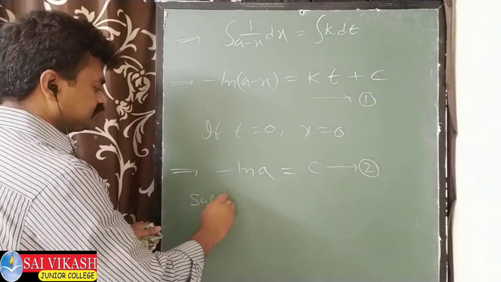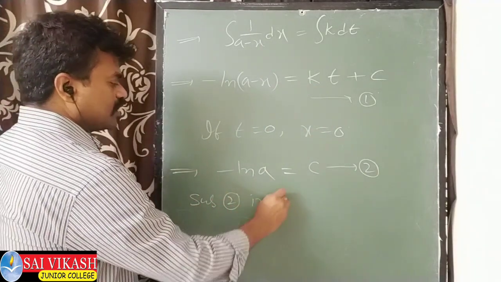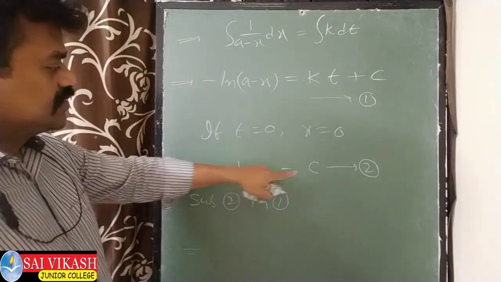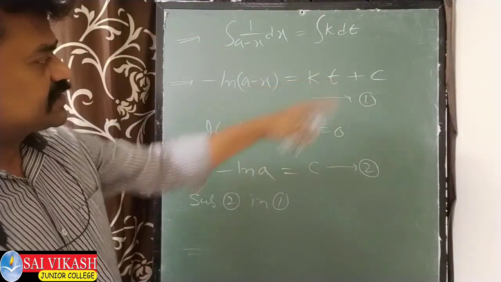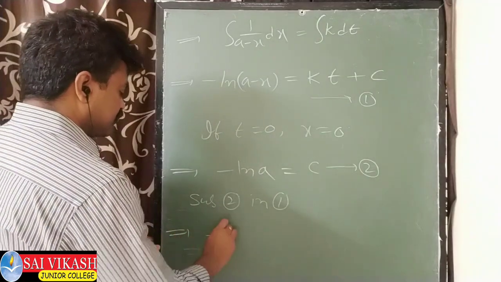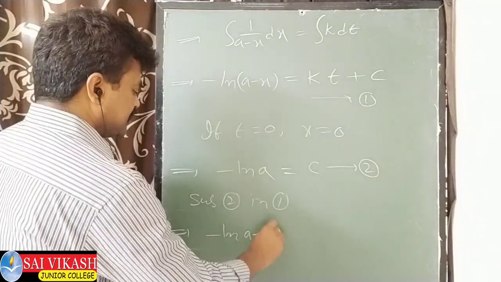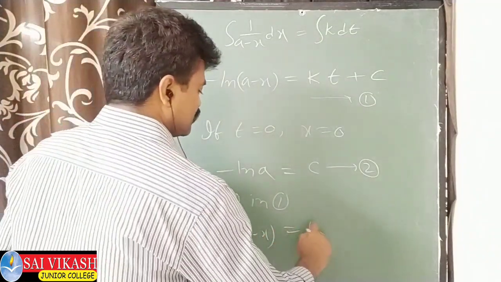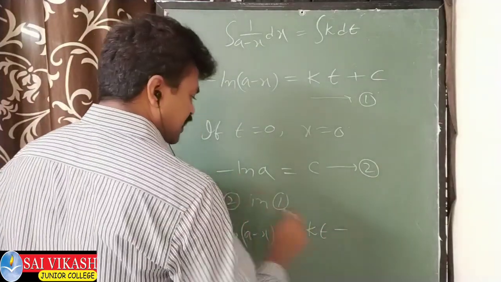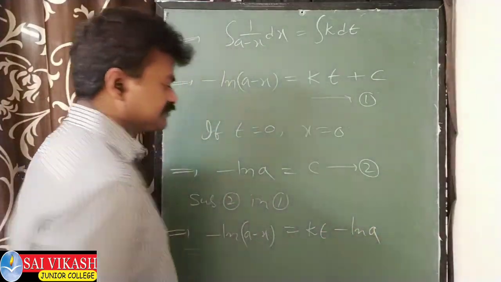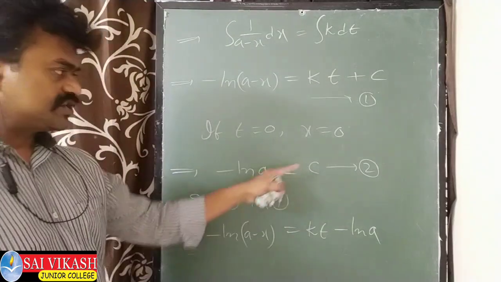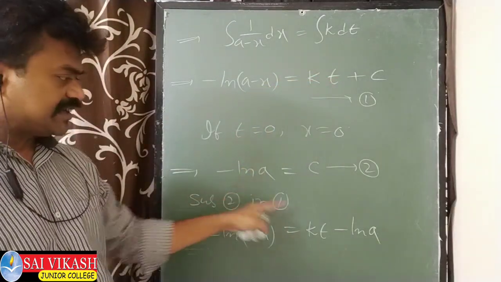In the place of c, substitute minus ln a. So what will you get? Minus ln(a minus x) is equal to kt minus ln a. Yes, I have substituted 2 in 1, in the place of c, minus ln a.